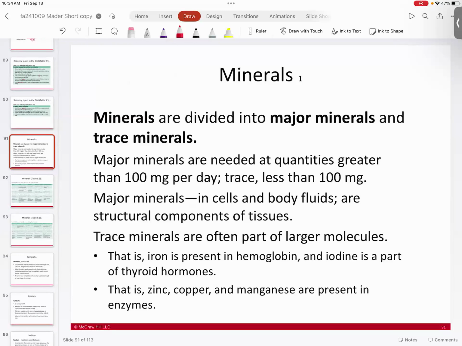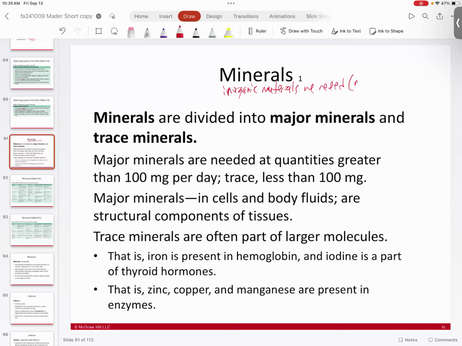So minerals basically are the inorganic things that we need. What does that mean? It's not inorganic like organic gardening. It's inorganic meaning not containing carbon.